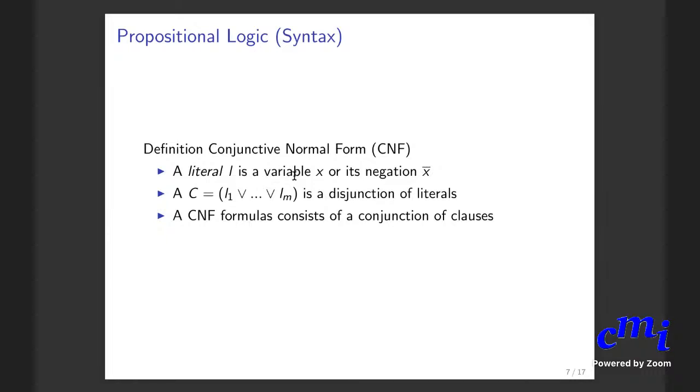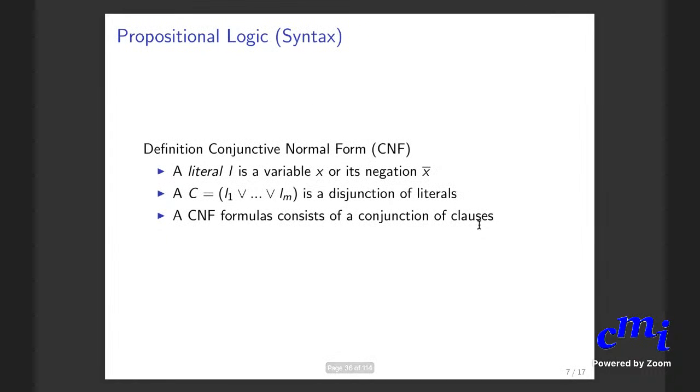We say a literal is a variable X or its negation. A clause is an ORing, a disjunction of literals. And a formula in conjunctive normal form consists of a conjunction of clauses.